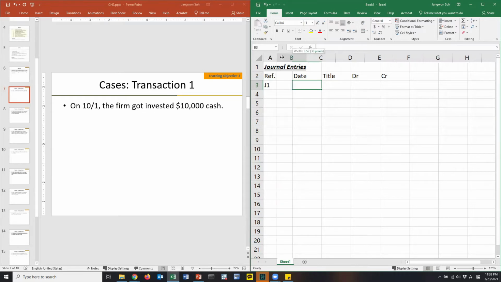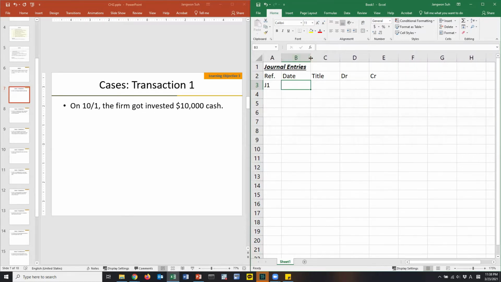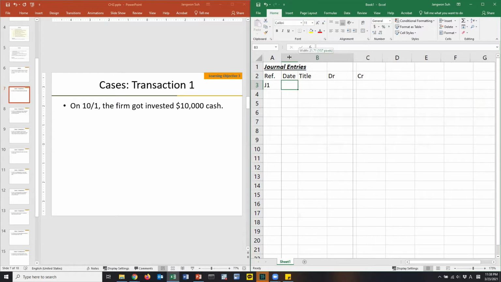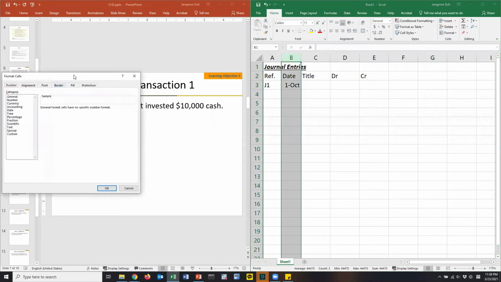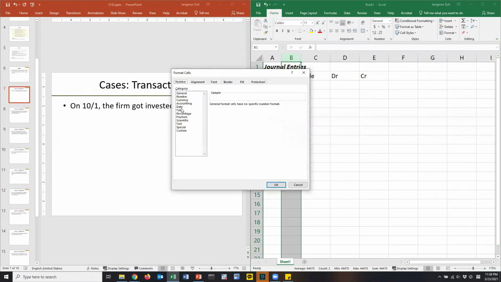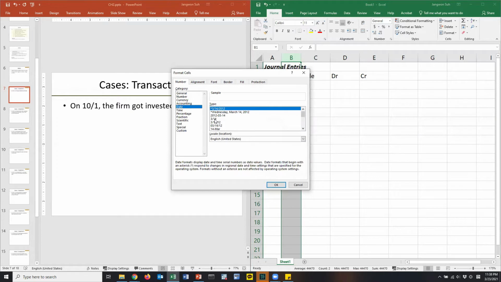Then you can adjust the column width as you wish. If you double click, Excel automatically adjusts it. Date, October 1st. I prefer having 10/1. Then how do I change the format? Again, Control 1, and then date, and this one is the one that we want.